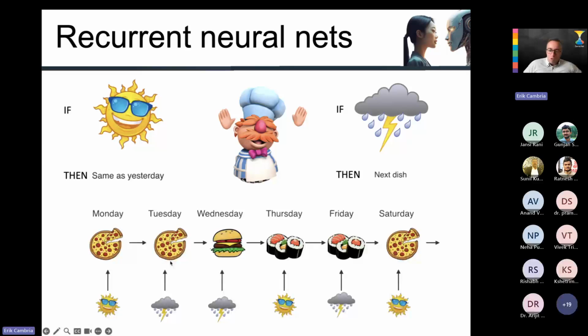So this was just an example to show that recurrent neural networks came about to model more complex problems, when you don't just have classification or if-then situations like before, but also have a sequence to take care of. I don't know if that answered your questions.